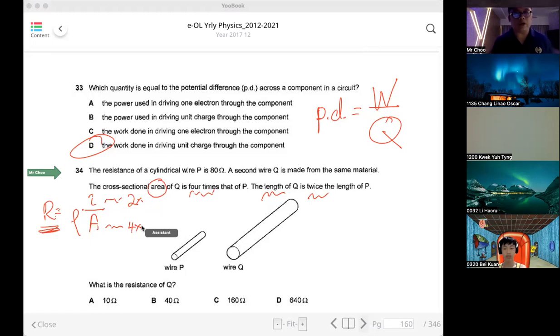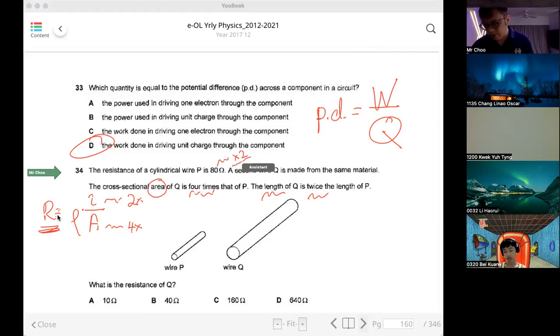So what is your resistance of Q later on? You all know what I mean? The length is increased 2 times, so your resistance times 2. Your area is increased 4 times, so your resistance is reduced by 4, divided by 4. So what is your final answer? Okay, so if the length increased by 2 times, you times 2.